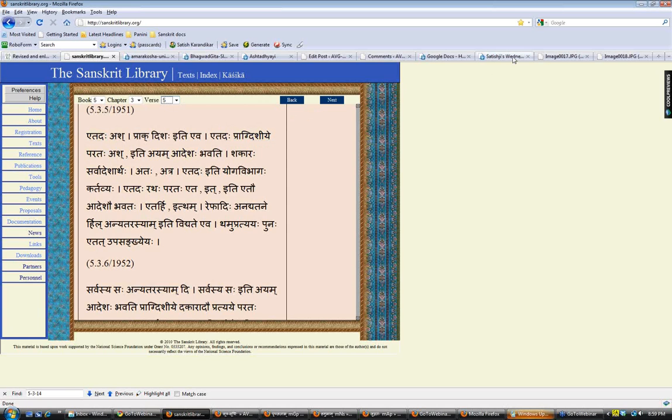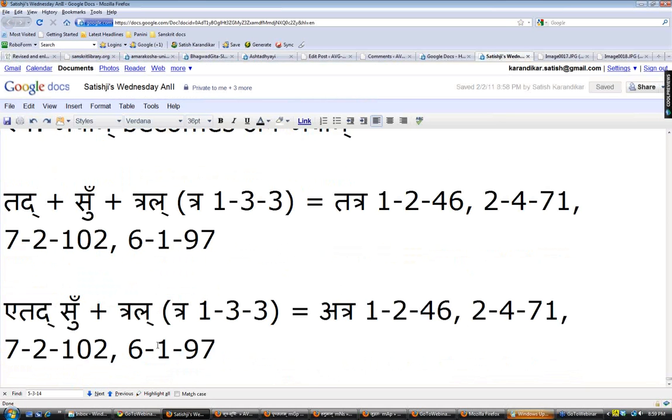So not using chadadinamaha, but instead we use 5-3-5 along with anekashit sarvasya. We don't need the ato gune because we got the akara adesha and then tral.